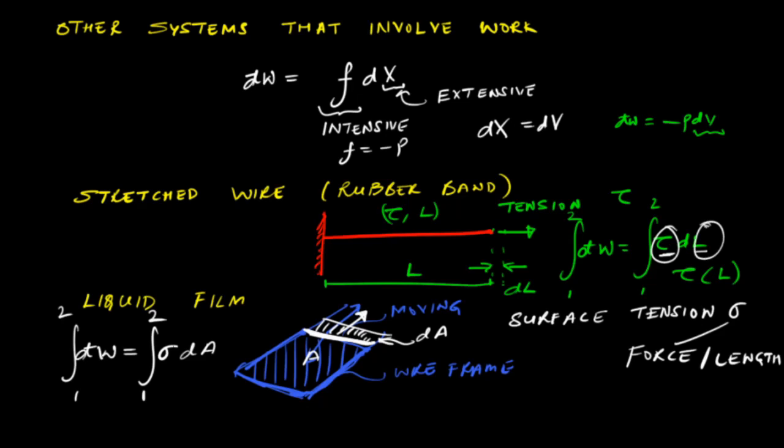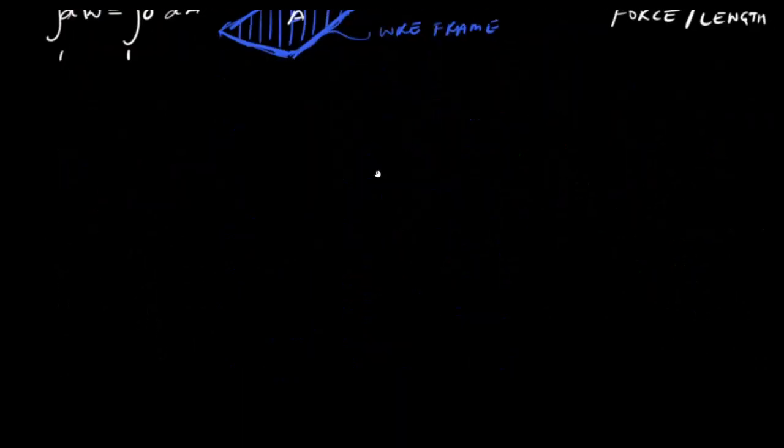In the case of a liquid film, the surface tension is an intensive property and the area of the film is the extensive property. Let's look at more examples, and every time you will find that quasi-equilibrium work would be defined in terms of intensive and extensive properties.